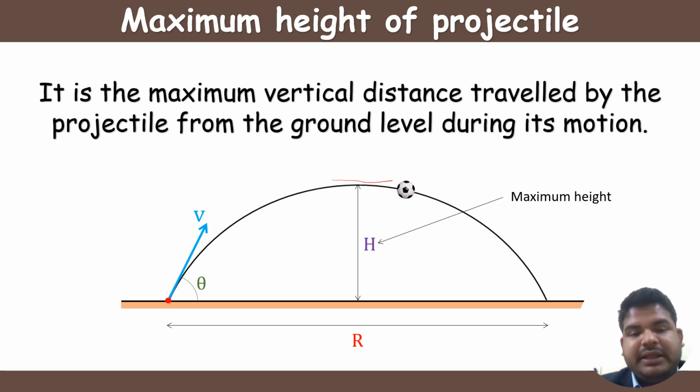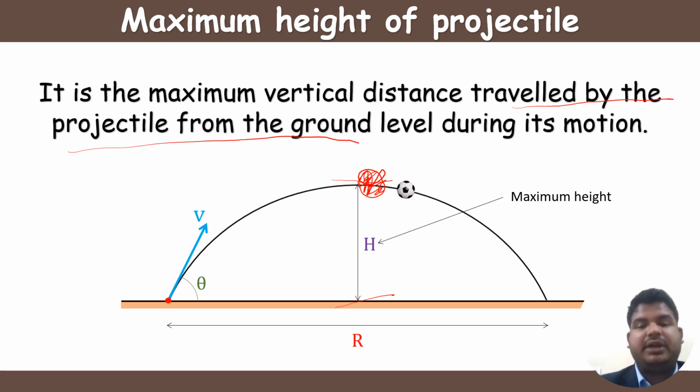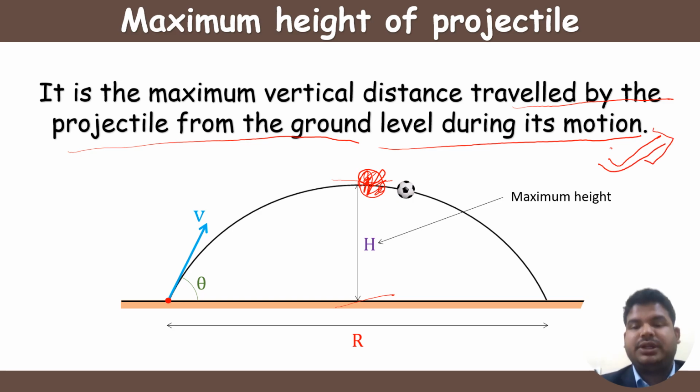Maximum height attained by the ball is the maximum vertical distance traveled by the projectile from ground level during its motion.